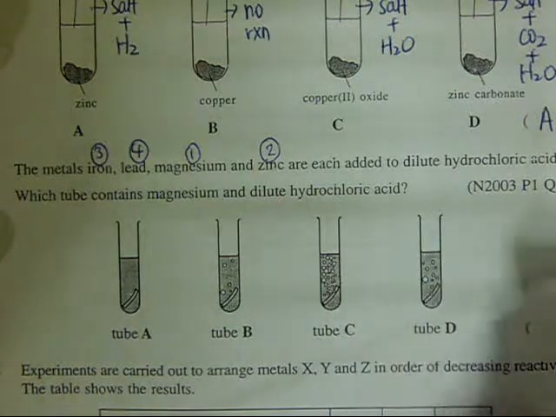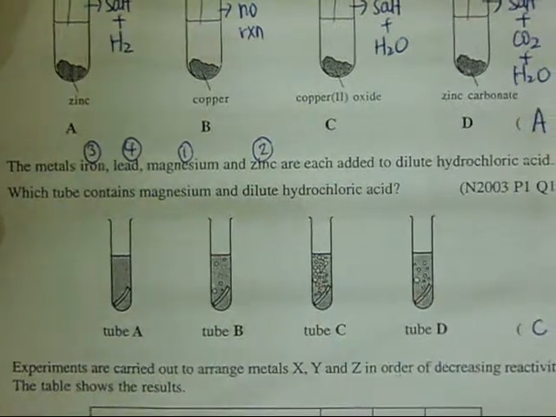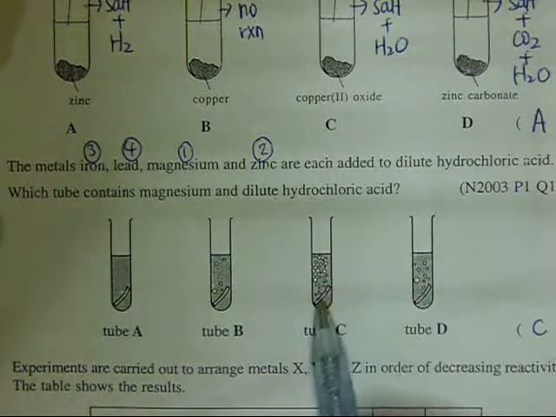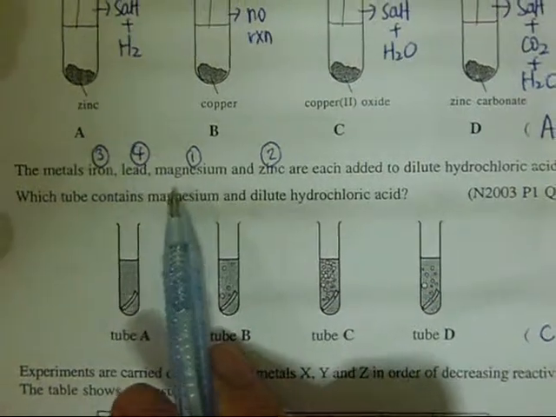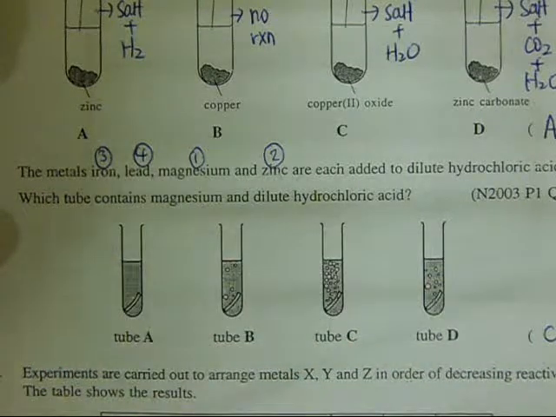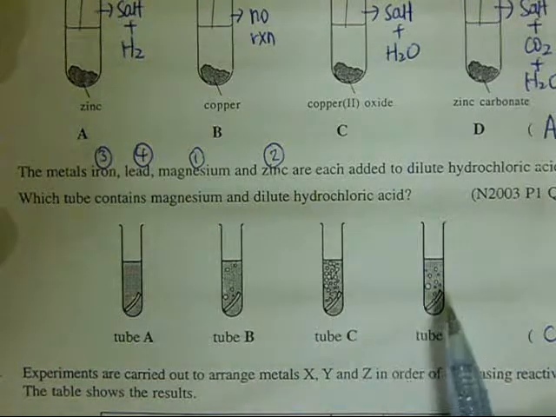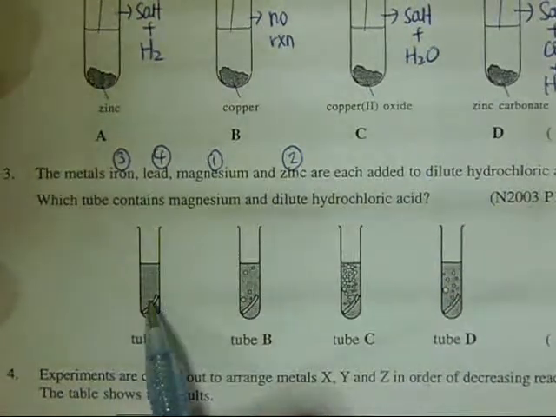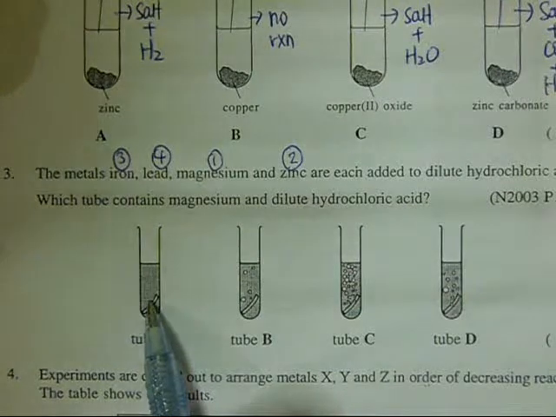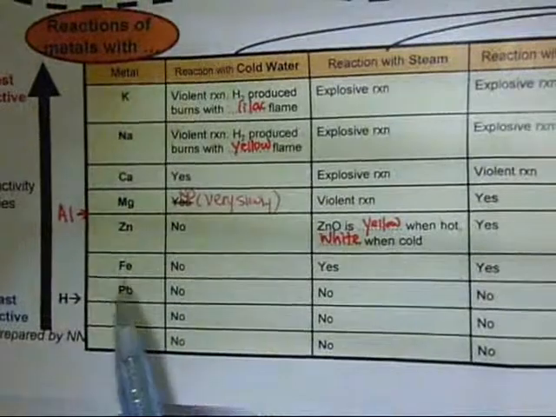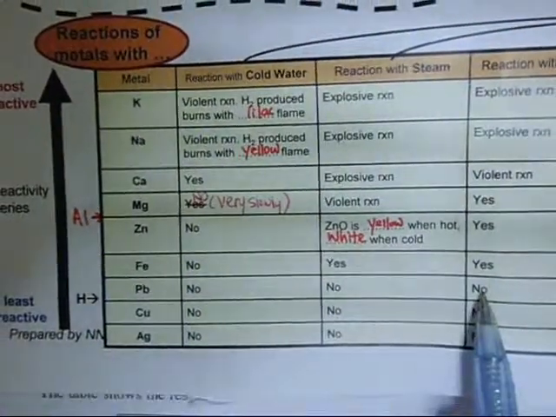So the answer is tube C, because tube C has the most number of bubbles, and the metal in tube C must be magnesium. So this would be magnesium, followed by zinc, then iron, and lead does not react with hydrochloric acid. It's from here, lead, hydrochloric acid, no reaction.